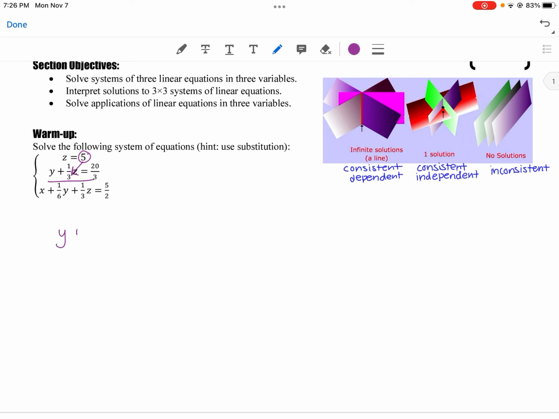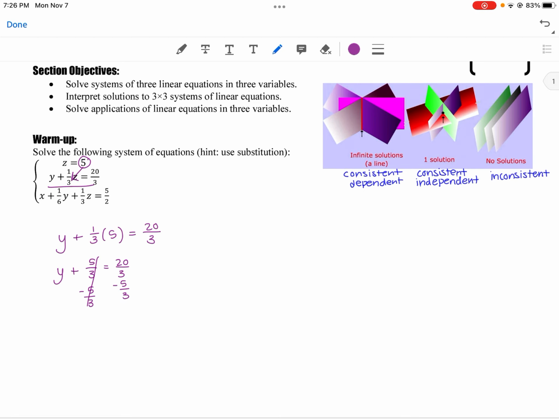So we'd have y plus 1/3 times 5 equals 20/3. So y plus 5/3 equals 20/3, minus 5/3 on both sides. So y equals 20 minus 5 is 15/3, which equals just 5 as well.